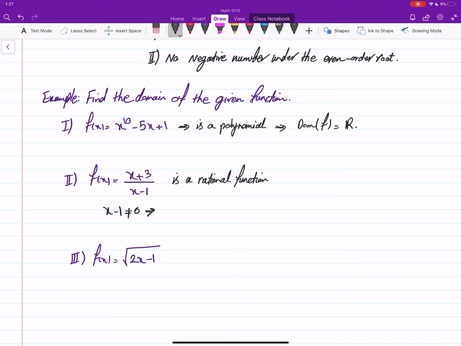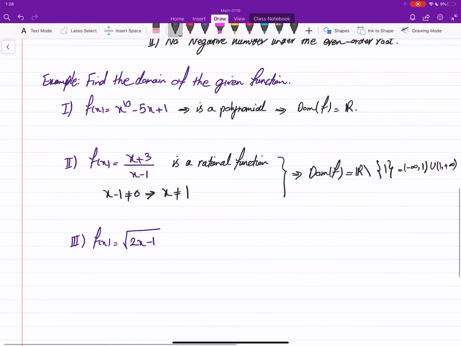This means that x cannot be 1. As a result, the domain of this function is the whole real line except the point 1. In other words, we go from negative infinity to 1, and then from 1 to positive infinity. Exclude 1, that's it.